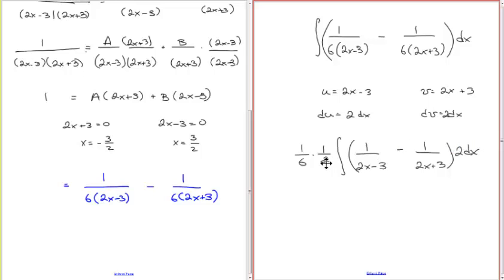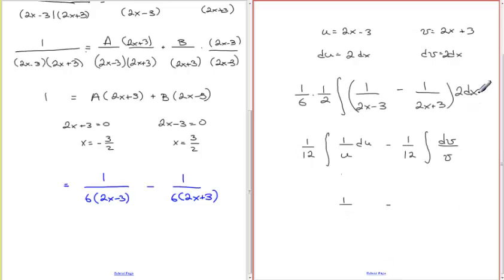That 2 cancels out the half, and then the 6 comes out. Now we can do the u substitution. So we'll have 1/12 times the integral: the first integral will be 1 over u, and this is du. And then we'll have negative 1/12 times the integral of dv over v.